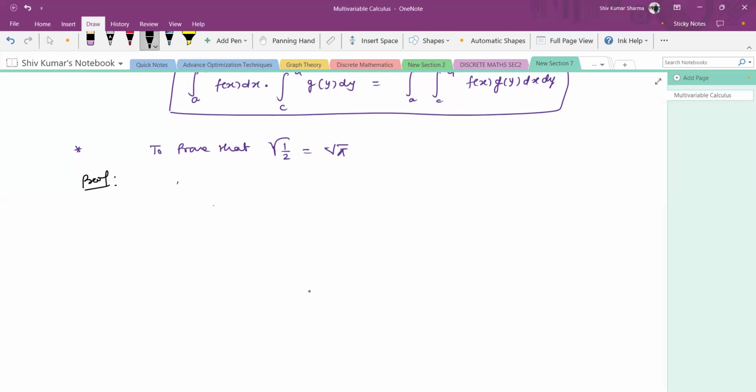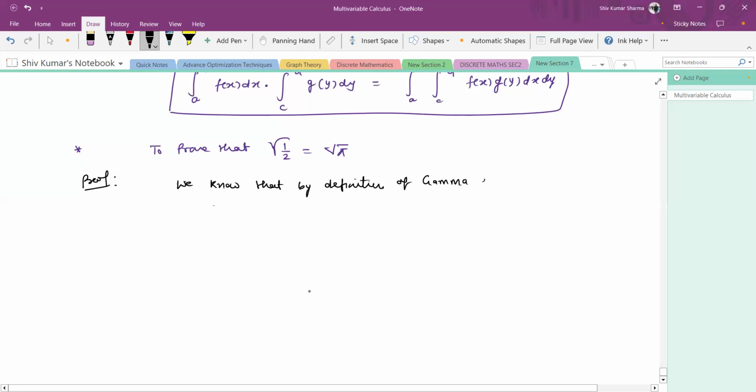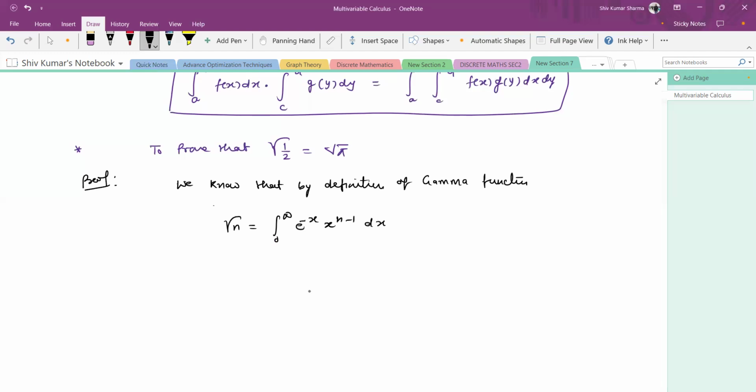So we know that by the definition of the gamma function, we write gamma n is equal to the integral from 0 to infinity of e raised to the power minus x, x raised to the power n minus 1, dx. So this is our equation number 1.